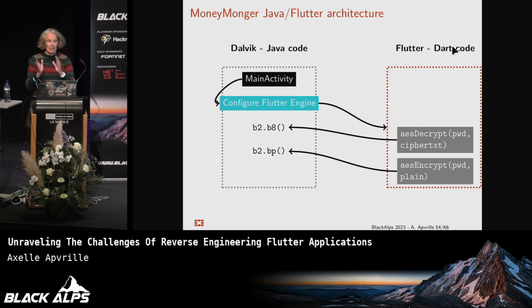They implemented everything concerning the user interface in Flutter, and when they wanted to do some decryption or encryption, I don't know exactly why, because they could have done it in Flutter too, but probably they already had the routines written in Java and wanted to call that on the Java side. So the encryption and decryption is done on the Java side, but they have to call that from the Flutter side.